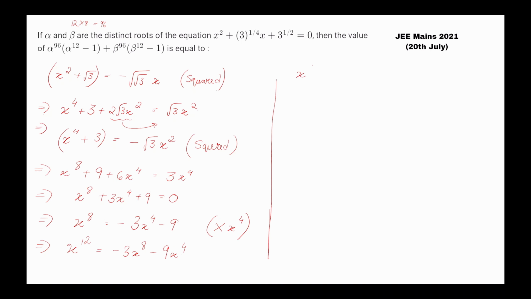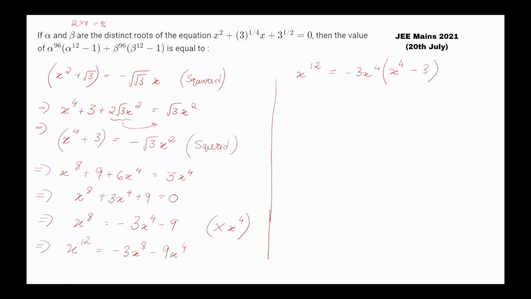Here I would have x to the power 12 is equals to minus 3x to the power 4 taken common. Here I would have x to the power 4 minus 3. Sorry, this would not be x squared, this would become x to the power 4 minus 3.